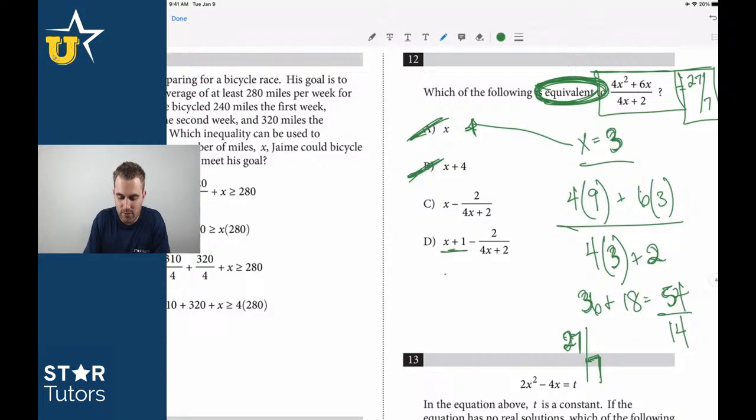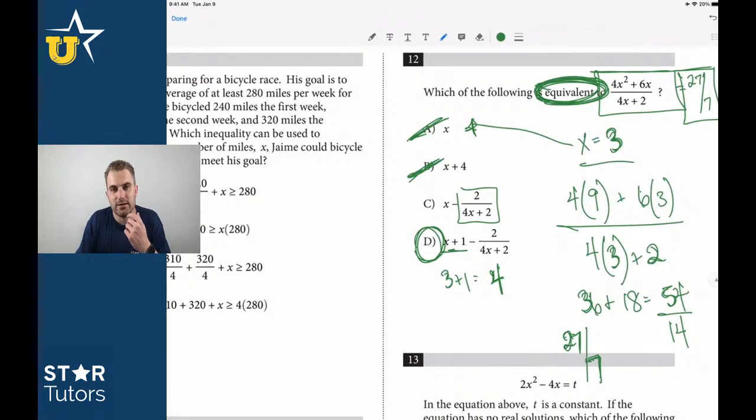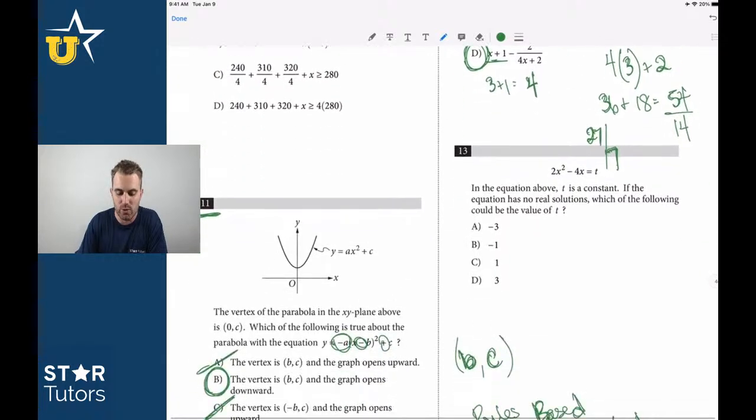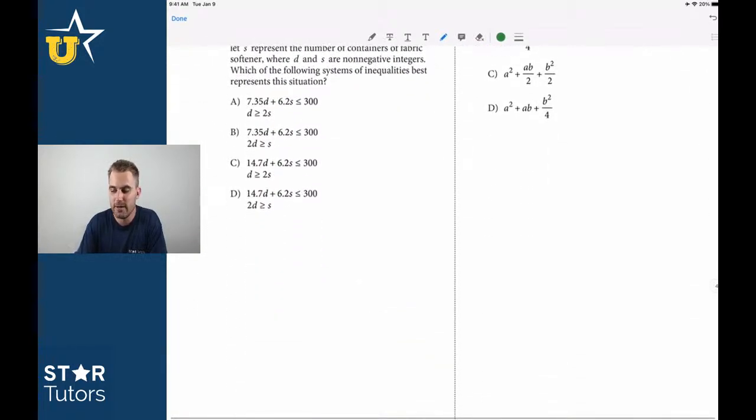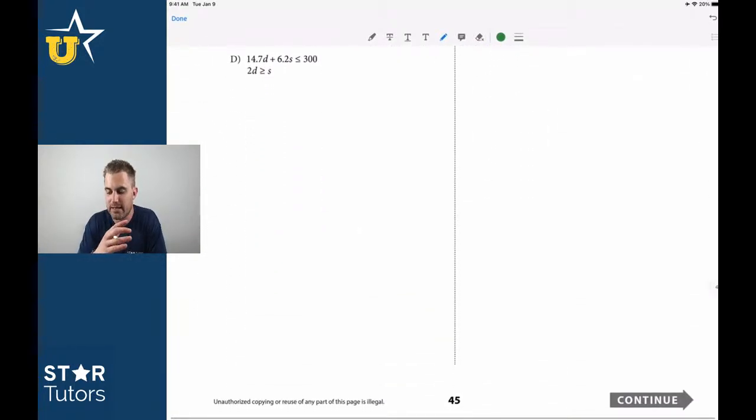If I plug in 3 plus 1 here, that's already going to give me something above 4. If I plug in 3 minus this value, it's going to give me something below 3, so it's got to be answer choice D. Otherwise, the number is going to be too small. That's just something to deal with the word equivalent. If you see that on the test and you're not sure how to solve a problem, anytime you see the word equivalent, you can always plug in a number and solve it using kind of a picking numbers trick.